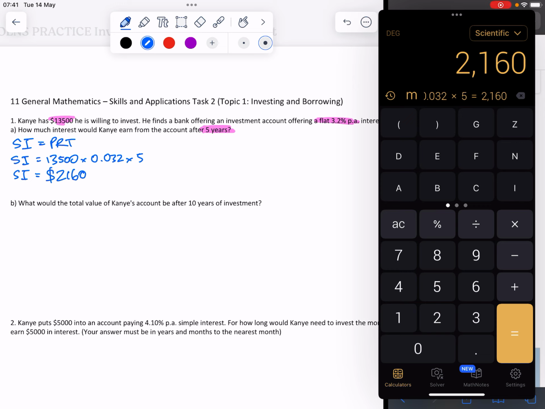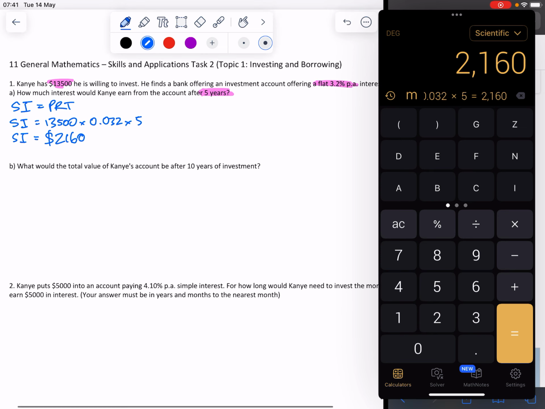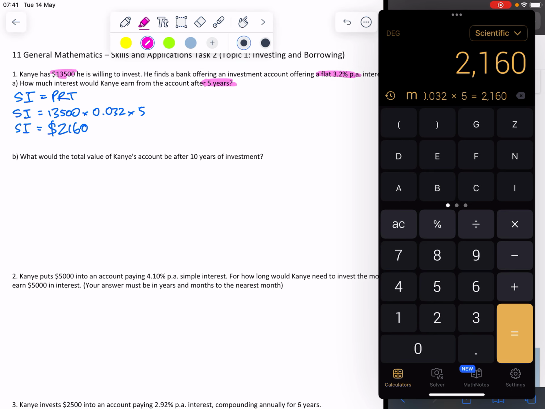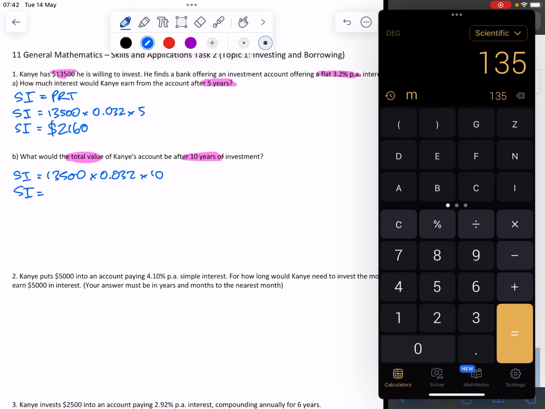What would the total value of the account be after 10 years? Remember, the simple interest formula gives you the simple interest, not the total value. So we'll work out the interest first after 10 years of investment. It's 13,500 times 0.032 times 10 this time, which is $4320 in interest.